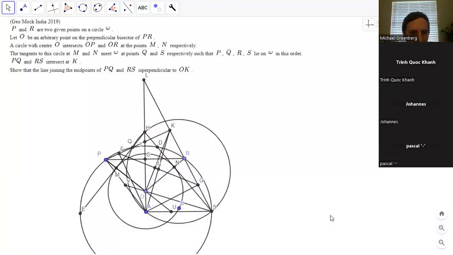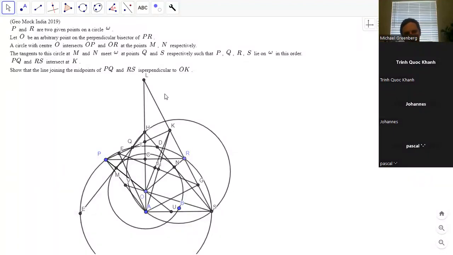We want to show OPQ is similar to ARS. Maybe that's just an angle chase. Okay, so let me delete L for now.